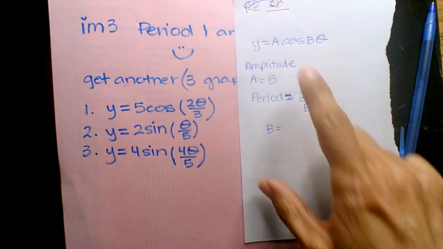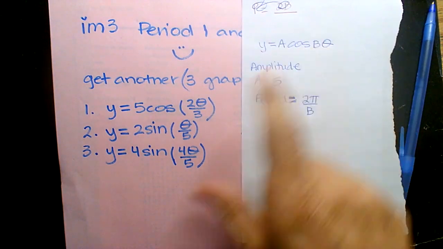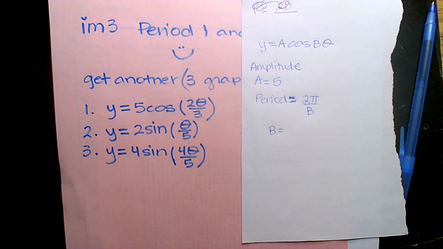Okay, so look, if it's a cosine b theta, and you look at what you have there, your b is essentially the coefficient to theta. So what's my coefficient to theta? Is it 180? 360? 210?